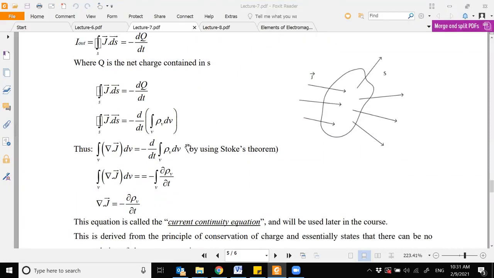And now I am trying to represent this particular equation in this manner. So I am replacing the surface integration with the volume integration. So how can I replace surface integration with a volume integration?